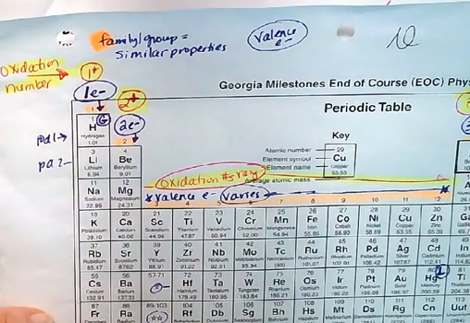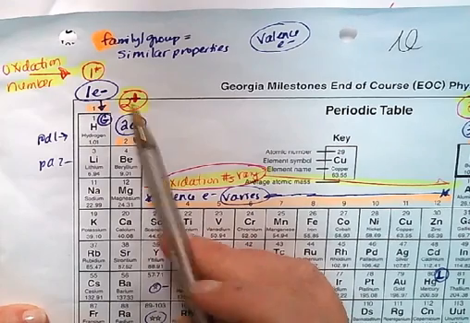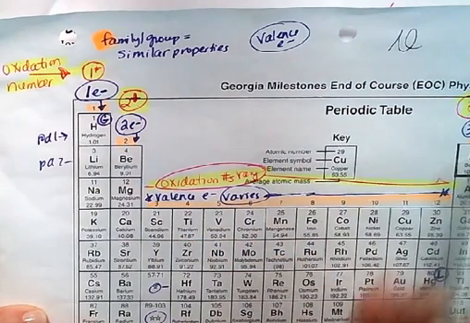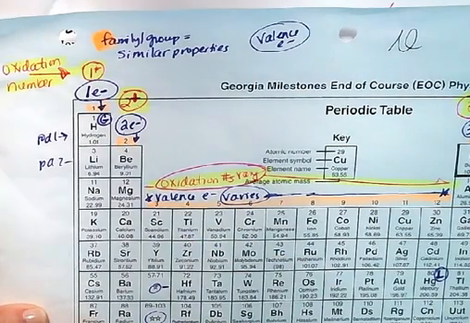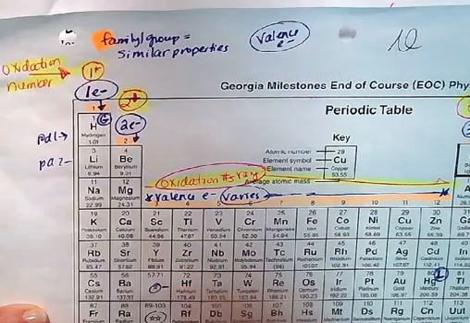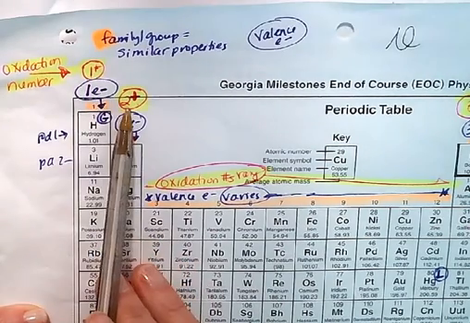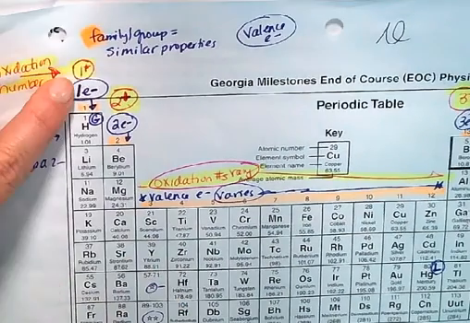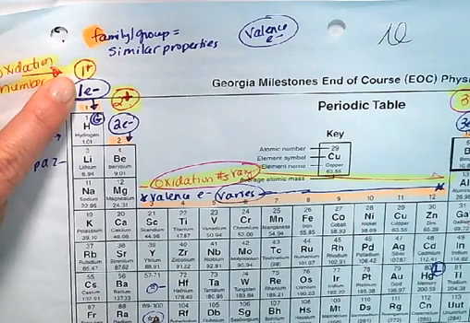So remember we put the valence electrons on. We did that one day, like a week and a half ago, and we came back and put in our oxidation numbers. Remember, oxidation numbers are how many electrons they're going to gain or lose. Everybody in this family is going to lose 1 electron, which gives that atom a +1 charge.